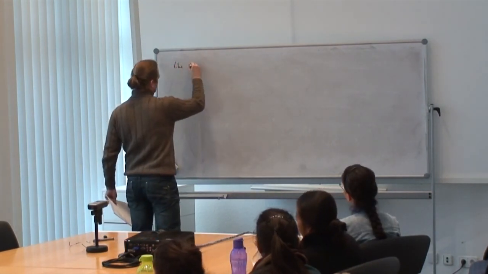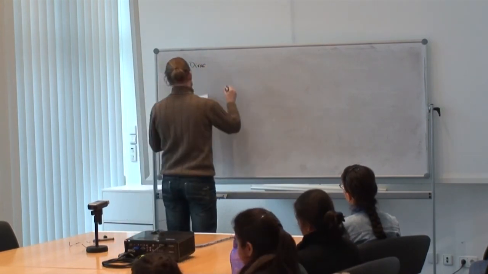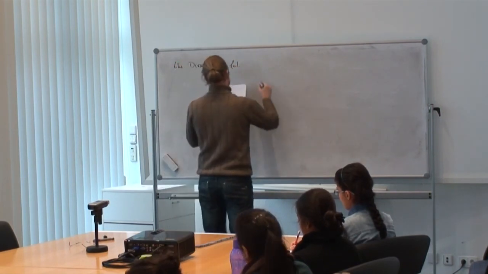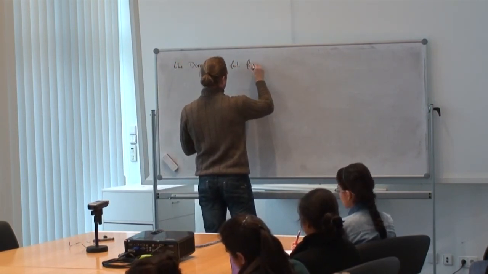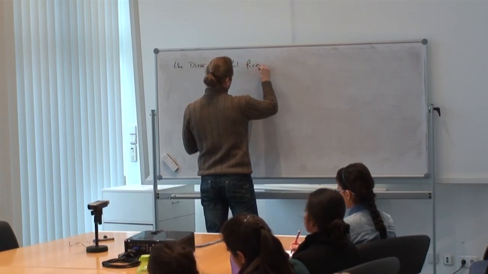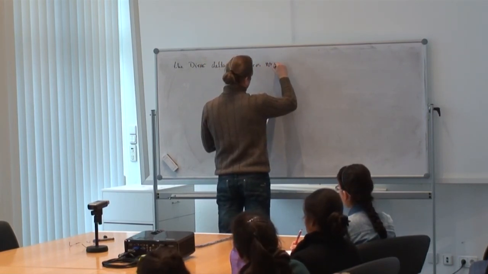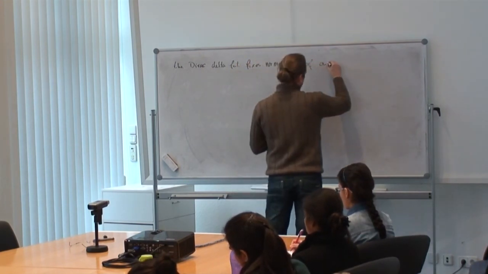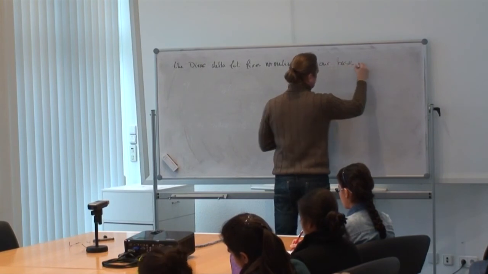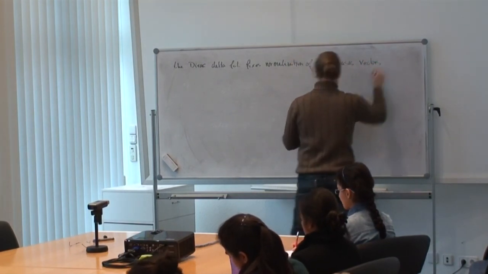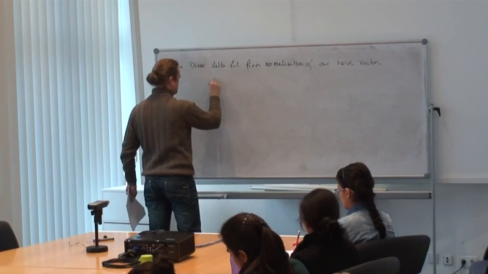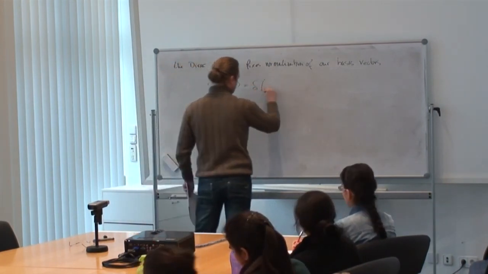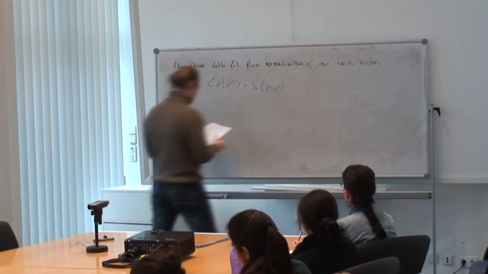So the Dirac delta function fixes the normalization of our basis vectors. That is to say, we have now uncovered that the inner product between x and x prime is delta x minus x prime.